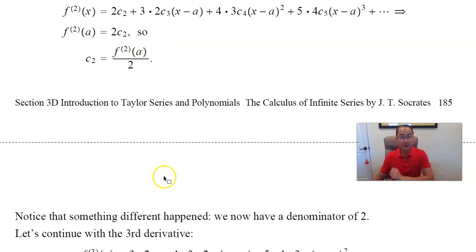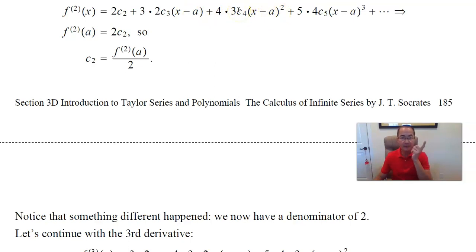All right, so before I scroll down a little bit further, we're going to take the next derivative. We will now have the third derivative at x. 2c2 will disappear, just a constant. And then the derivative of this term is going to be 6c3. X minus a becomes 1. This one, the 2 comes down.